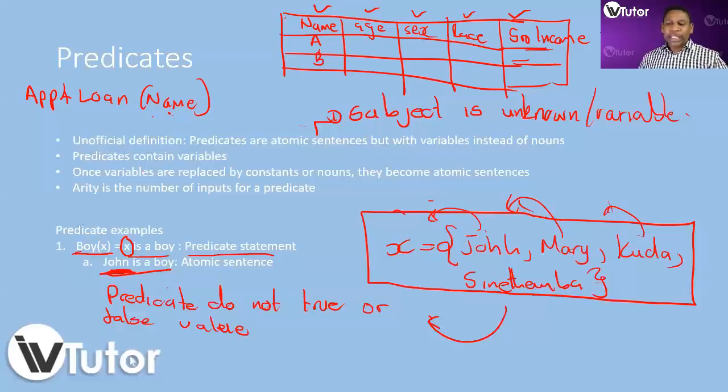So can you tell me whether this statement is true or false? Name has been approved for loan. Would you say this statement is true or false? Or can it be assigned a true or false value?